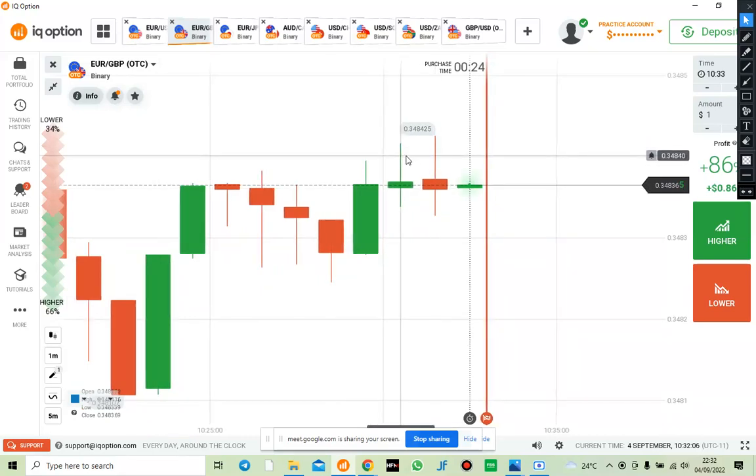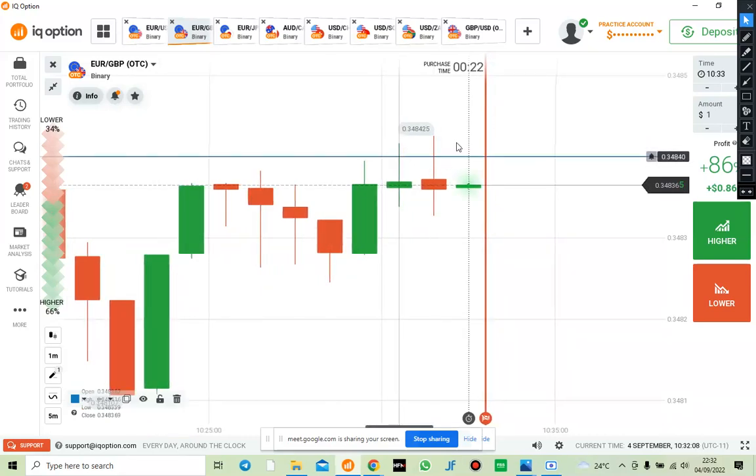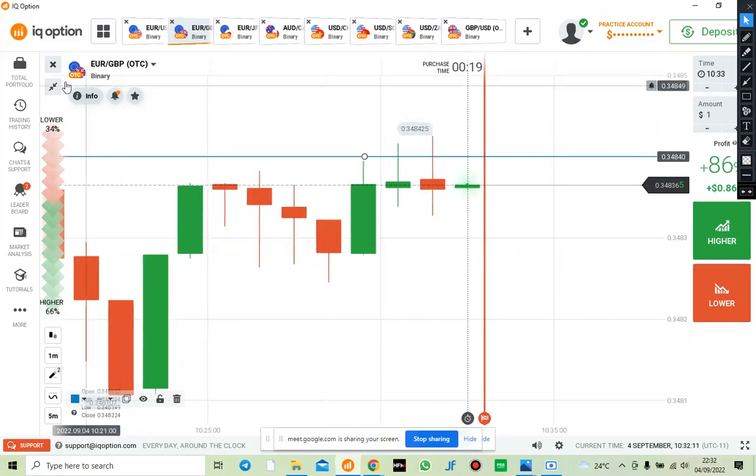So if the next candle is green and breaks this round number, then we should enter the trade.